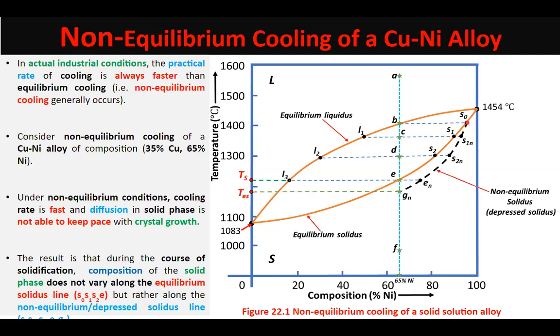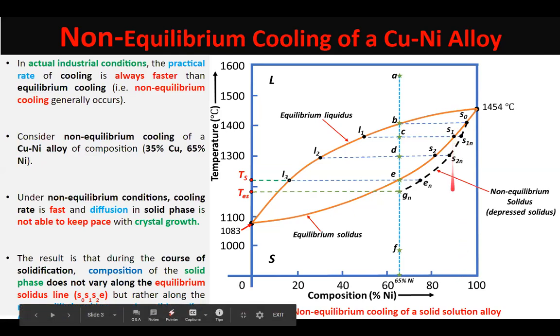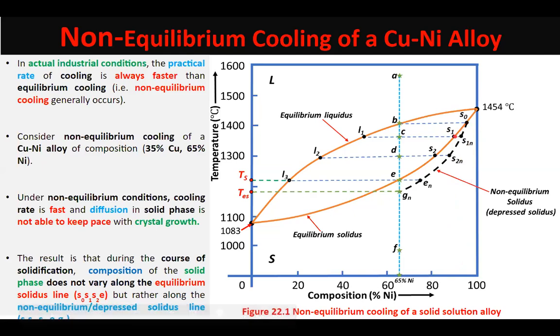So if it made a shift from say 95% to say somewhere around 90%, an 8% shift in the chemical composition, then depending upon the non-equilibrium cooling, the shift would always be less than 8%. So the shift would be somewhere between S0 and S1.